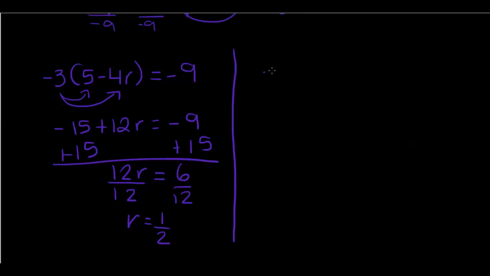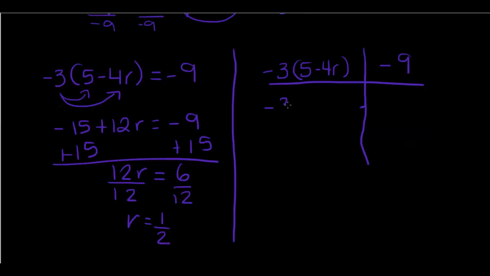So I'm going to rewrite the equation here, negative 3 times (5 minus 4r). Oops. Not a very straight line. Negative 3 times (5 minus 4). Now instead of writing r, I'm going to write 1 over 2 because that's the value of r.